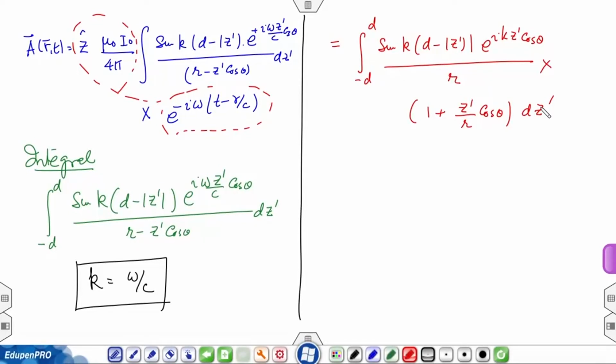Remember, if I am talking about radiation, I am interested in the term which is proportional to 1 over r. So, need A proportional to 1 over r for radiation.